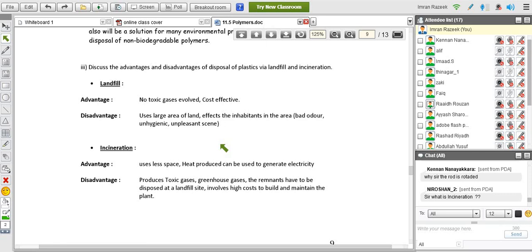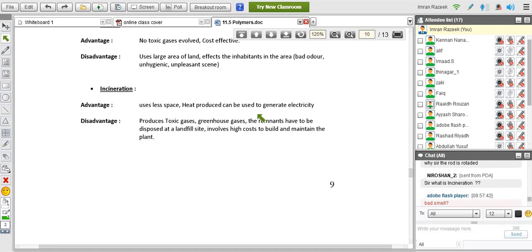As for incineration, it is burning. Burning is known as incineration. Clear? So as for the incineration method, the advantage is that burning uses less space. Also, the heat produced during burning can be used to generate electricity, because a lot of heat is produced when you burn the plastics.